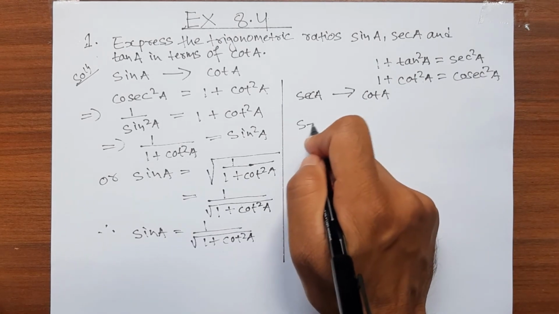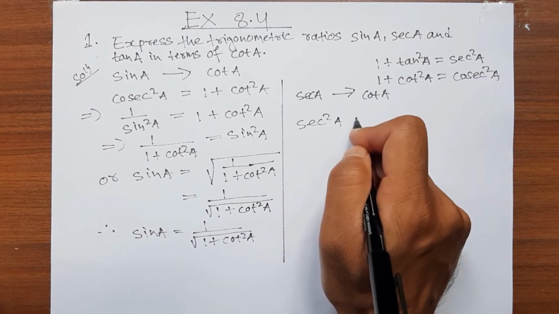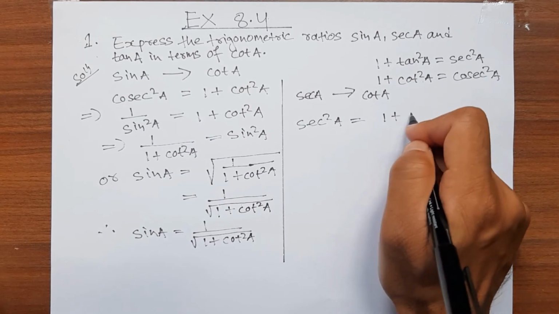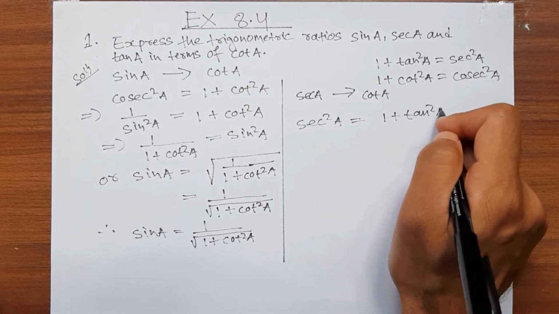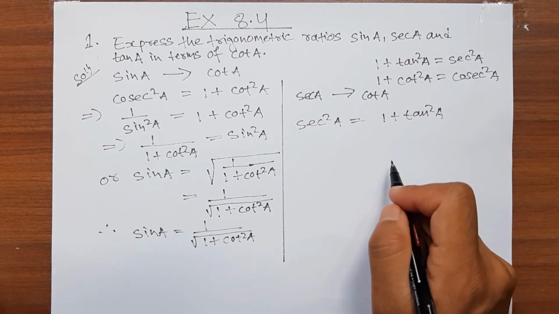We have sec square A equals 1 plus tan square A. We know that.